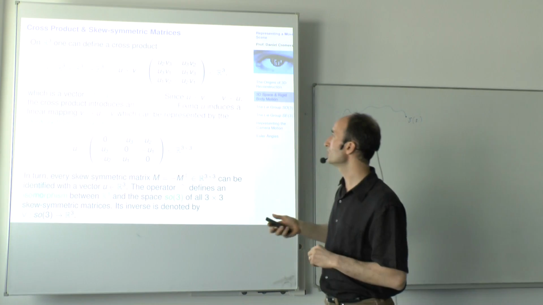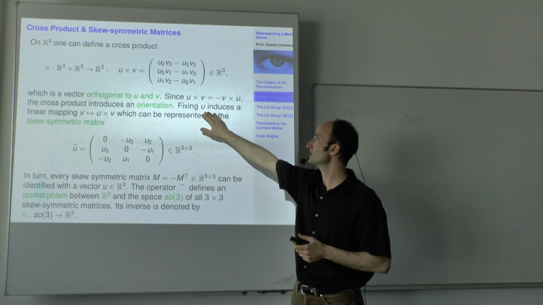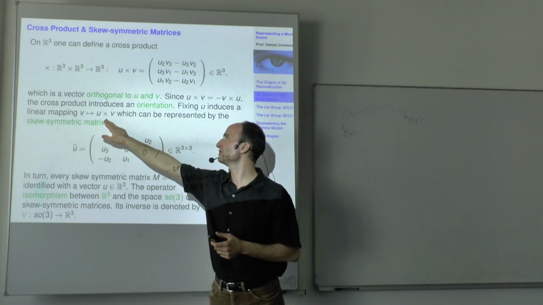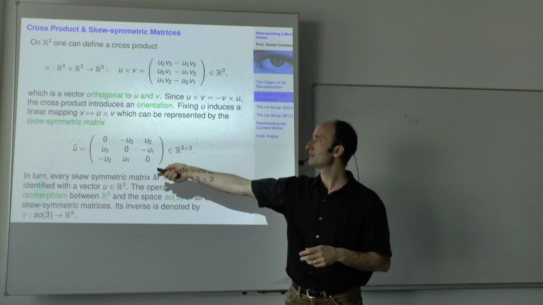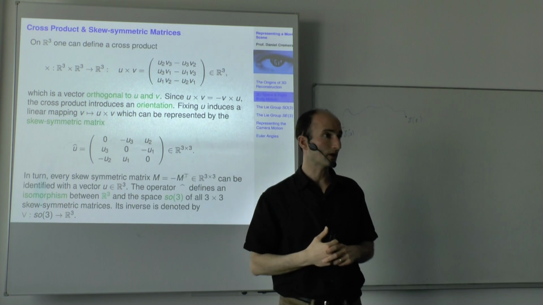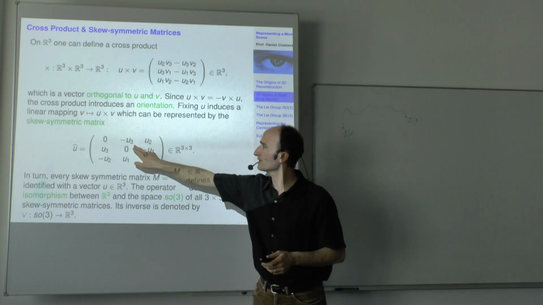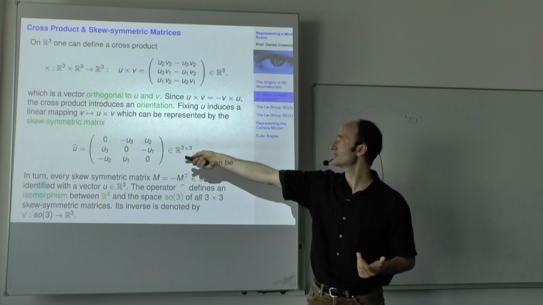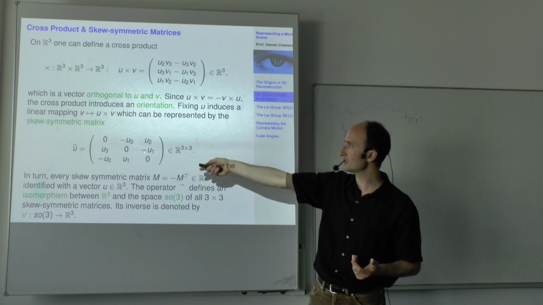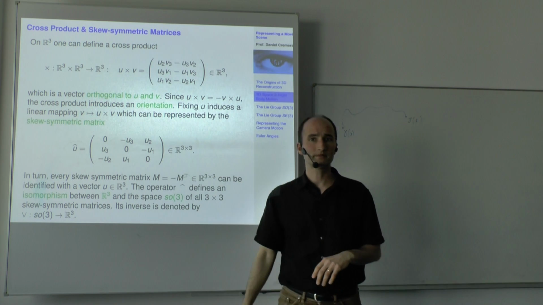Once we fix u, we already had that in the introduction on linear algebra, the cross product u cross v can also be modeled by applying this matrix, u hat, we called it. It's a skew-symmetric matrix made up of the components of that vector u. Skew-symmetric or anti-symmetric means the diagonal must be 0 and the off-diagonals are the negative of each other.